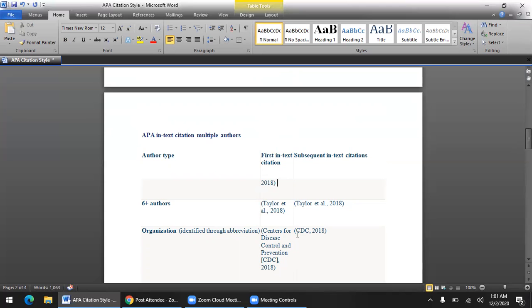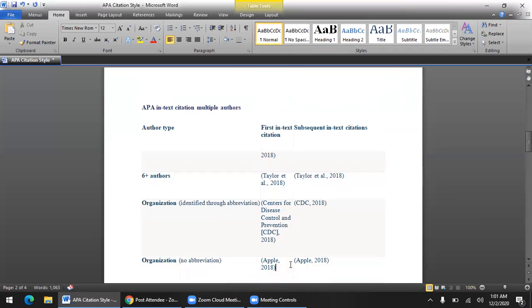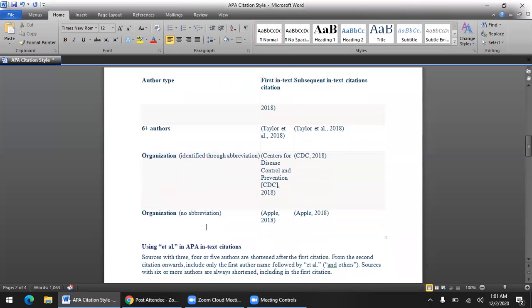Then if you are citing the work in a subsequent citation, just write the abbreviated form CDC, Center for Disease Control, followed by a comma, then the year of publication. Okay, then come to the next one: organization with no abbreviation.